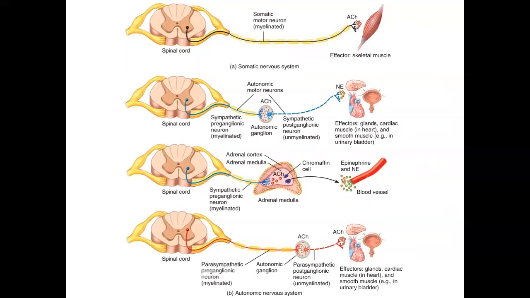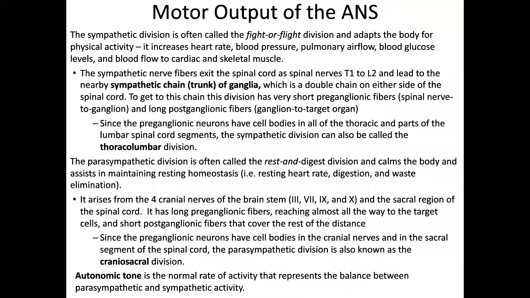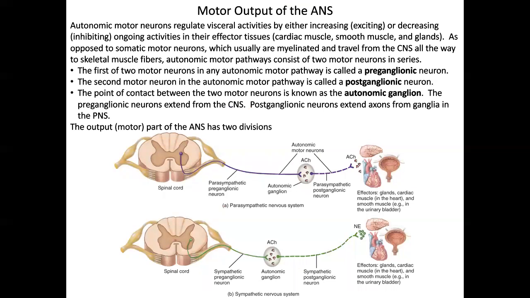Now, the second figure and the fourth figure are basically the exact same thing as these two figures that we saw a couple slides ago. For the parasympathetic, we just learned it's a long pre and a short post. In the case of the sympathetic, it's a short pre and then a long post.